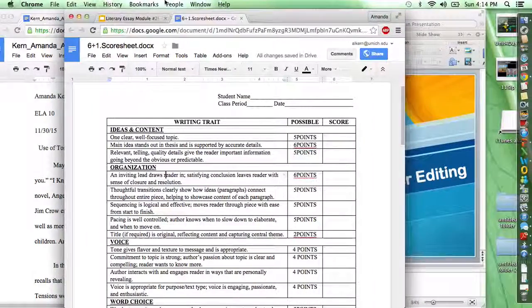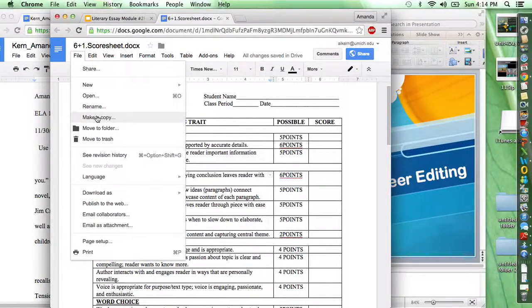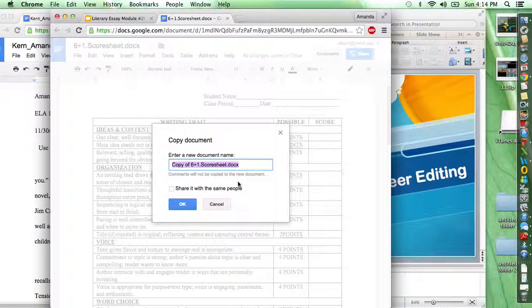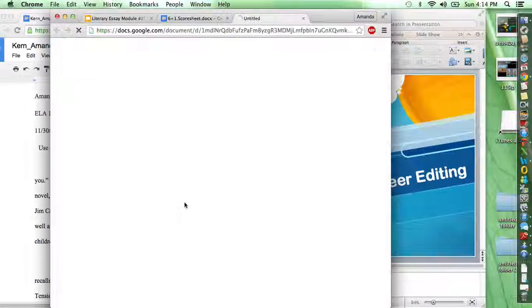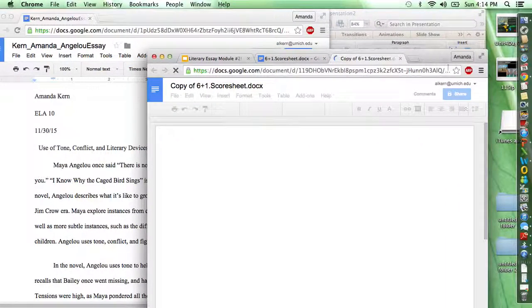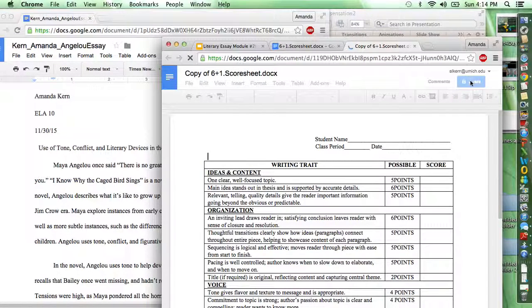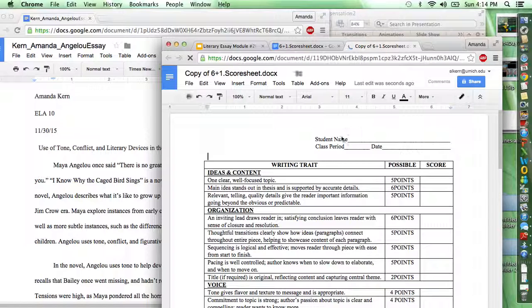So in order to do that, what I'm going to do is go to File, press Make a Copy, and then I'm going to share my copy of the score sheet with the person that I'm editing it for. So you're going to have to exchange email addresses.